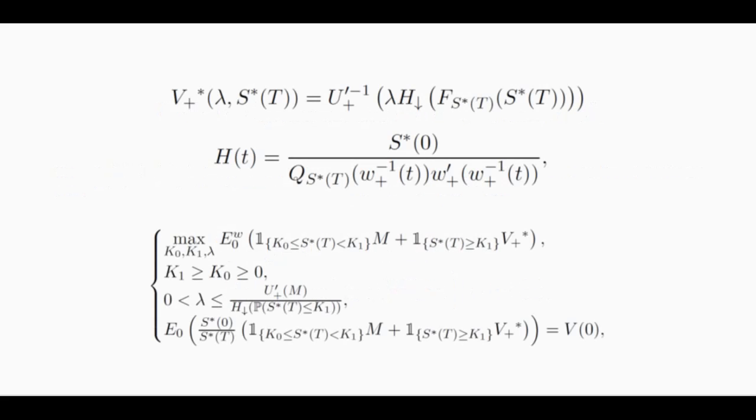And for this optimization problem, the solution is written down here as given by the next expression, where this h function is given by this expression, where the h down arrow is its L2 projection onto the set of monotonically decreasing functions of this function ht. ht is defined from 0 to 1, and q is the quantile function of the random variable terminal GP S star at capital T.